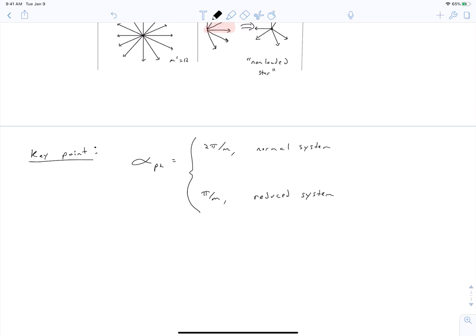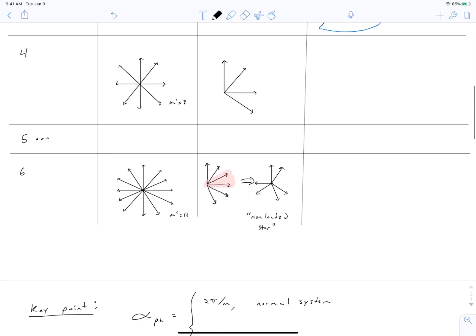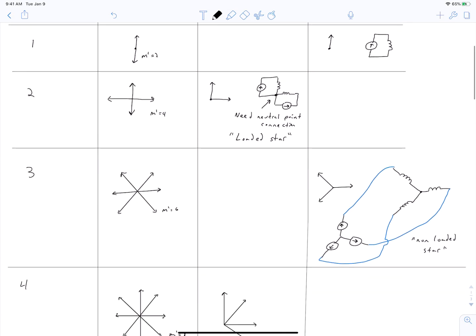And for a reduced system, the spacing that we're trying to achieve in our phasor diagram is pi by m radians. So if we look at our diagrams up here, we can see that in this reduced system, we have pi by 2 radian spacing. In this normal system, we have 2 pi by 3 spacing.